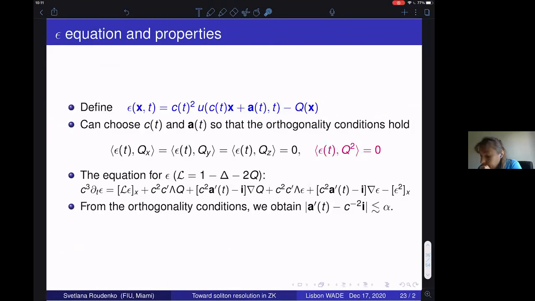Okay, so let's say we start very close at time t. Let's denote by epsilon exactly the difference between the soliton and the solution u. So we have these two parameters, and we can choose these parameters such that the leftover epsilon would be orthogonal to certain directions.